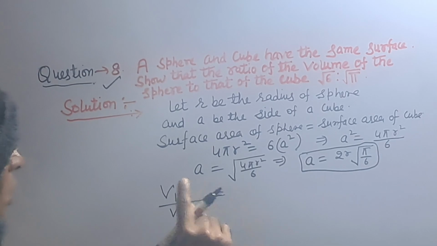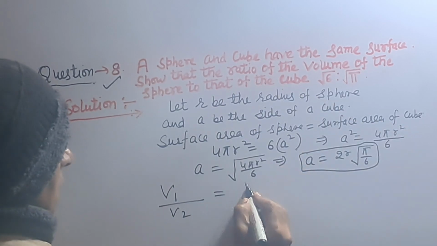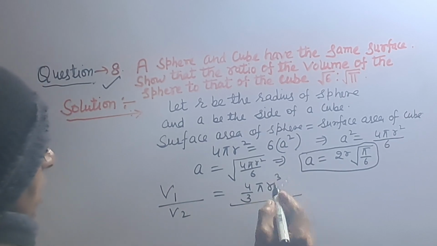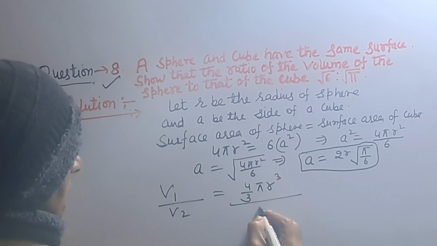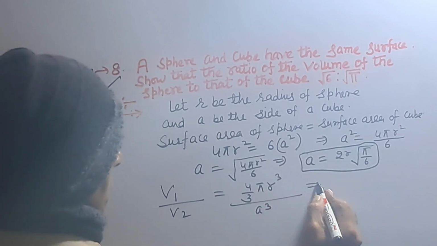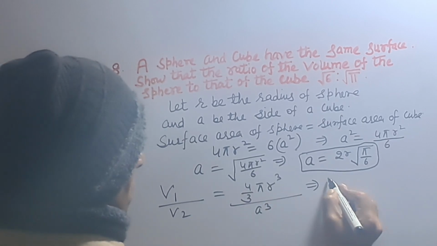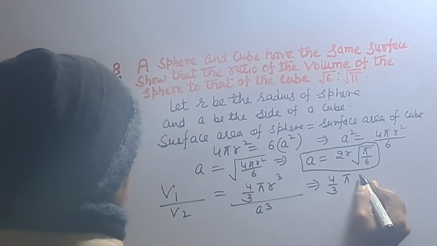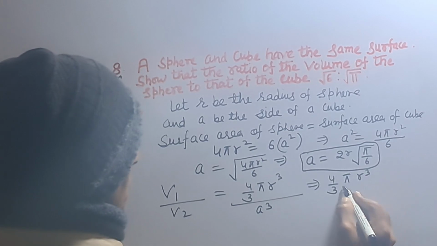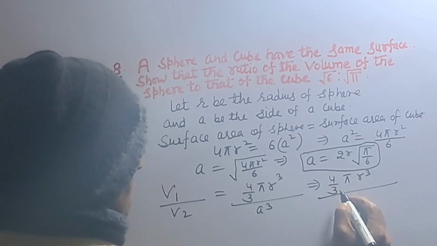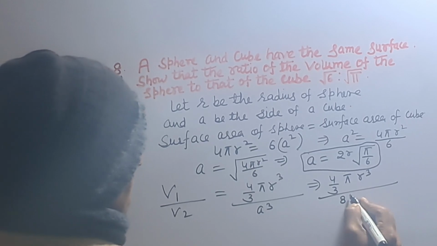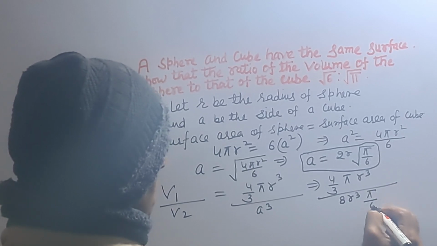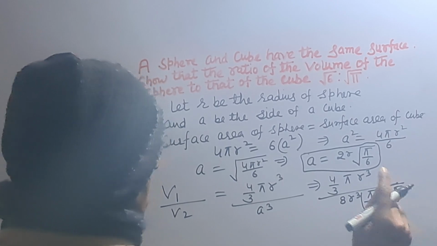V1 upon V2. V1 is volume of sphere, that is 4 upon 3 pi r cube, divided by V2, volume of cube, that is a cube, which implies 4 upon 3 pi r cube upon a cube, that is 2 2s are 4, 2 4s are 8 r raised to power 3 into pi upon 6 under root pi upon 6.